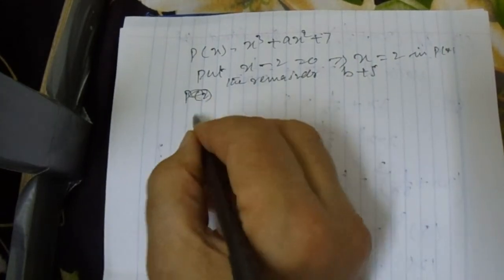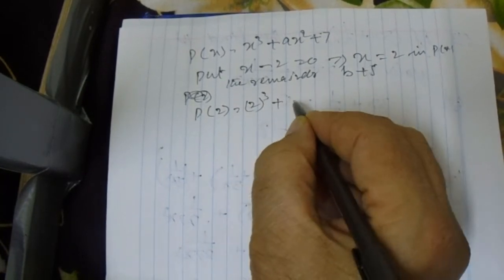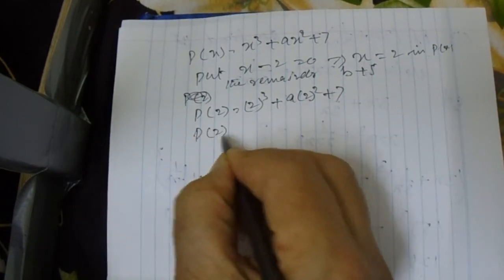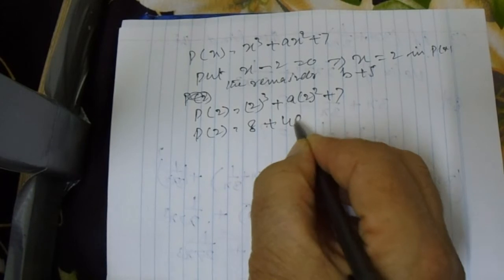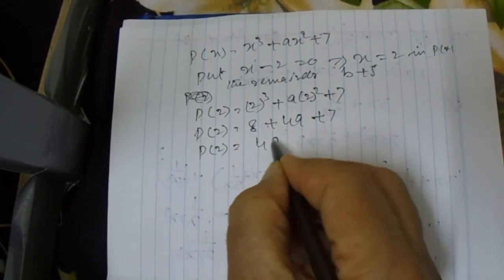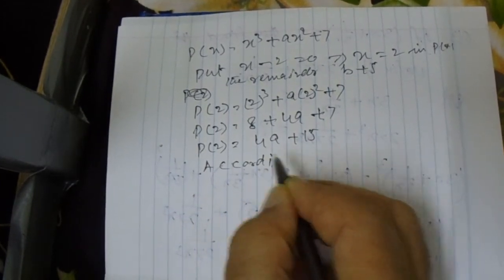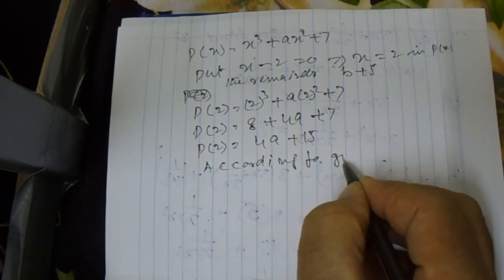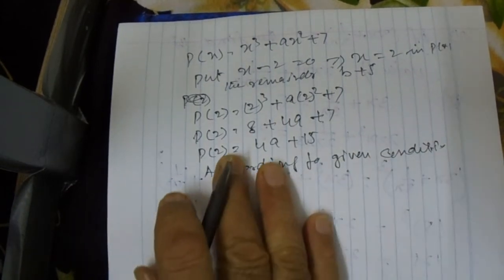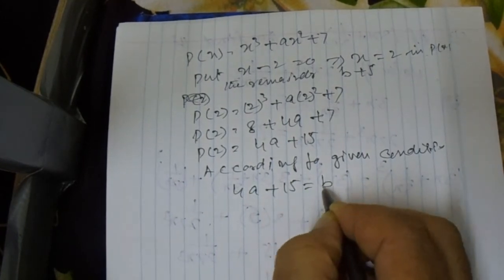Now P(2) = 2³ + a(2)² + 7. P(2) = 8 + 4a + 7. P(2) = 4a + 15. Now according to the given condition, this is equal to b + 5. 4a + 15 = b + 5.